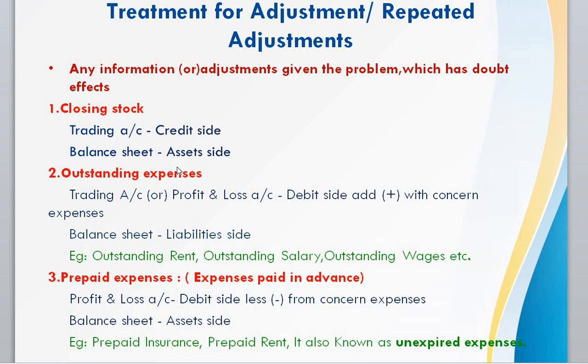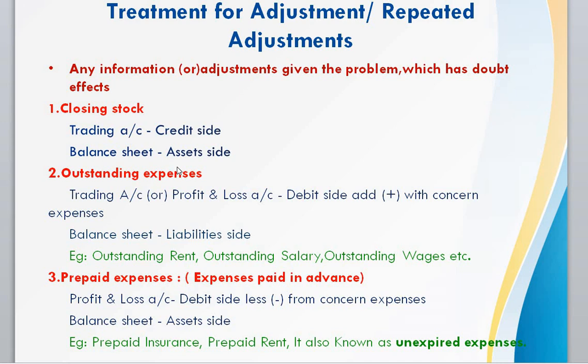Why are we deducting that prepaid expenses? Because such expenses do not belong to the current accounting year. They may belong to the forthcoming accounting year, so in the P&L account we are deducting the prepaid expenses amount.